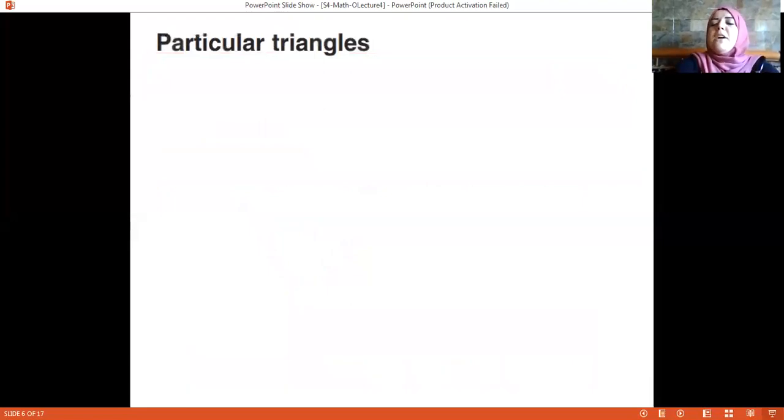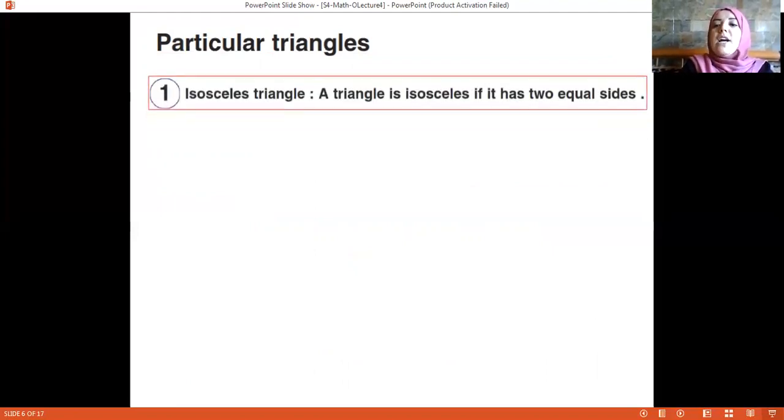Now let us talk about particular triangles. You know that we have triangles that are special or particular. The first particular triangle is the isosceles triangle. This is a new word, isosceles.